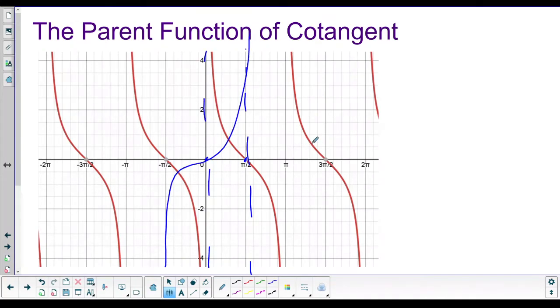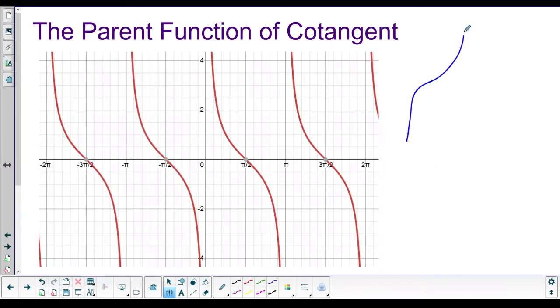So it has this kind of look where it's just flipped over. So instead of this, it's kind of like that, going the other direction. And it kind of looks like the whole thing has been shifted over pi over 2. Cool. So tangent and cotangent, very, very similar. You can turn tangents into cotangents really easily, if you're into that sort of thing.